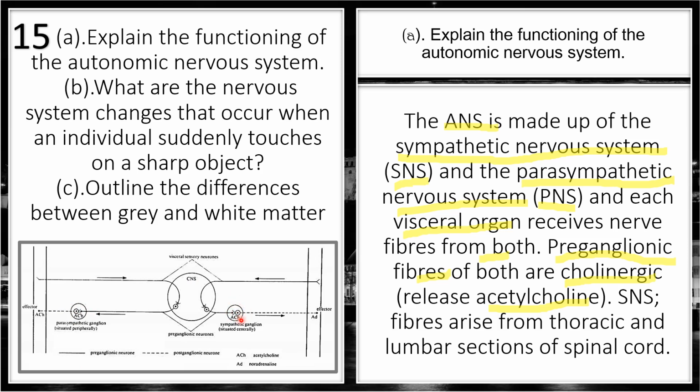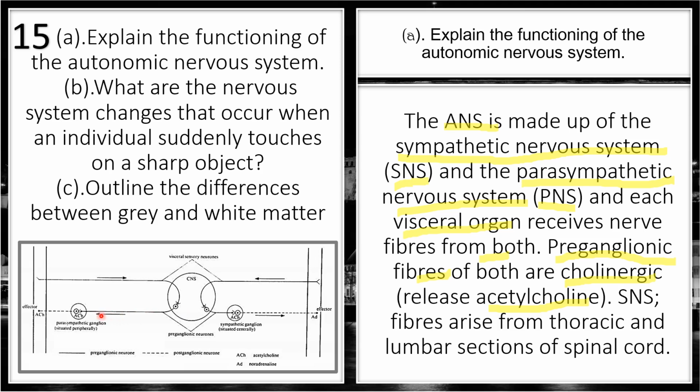Now I want you to see the movement from the central nervous system to the ganglion, the distance. That distance from the central nervous system to the ganglion is what we call the preganglion. So you can see the preganglion of the sympathetic is short, and the preganglion of the parasympathetic is long.